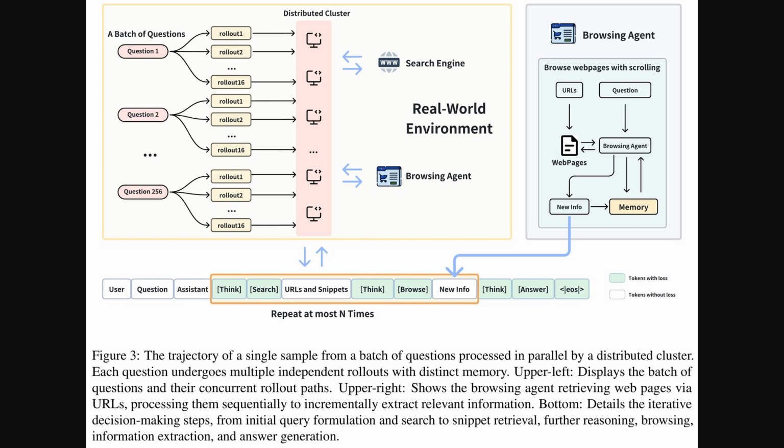They call them rollouts, maybe exploring different search paths. And this all happens interacting with the real web, search engines, and actual websites via a specialized browsing agent that reads the page content. The bottom part shows that iterative process again. Think, search, browse, think, answer, repeating until it's confident.